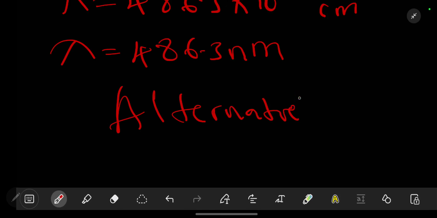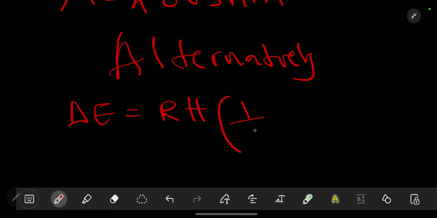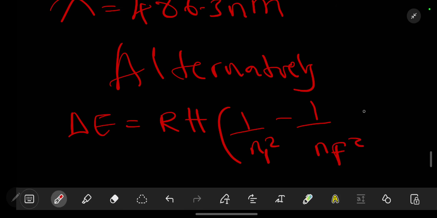Let's try out the alternative. Alternatively, we are going to say the energy should be equal to the Rydberg's constant. Here you begin with the initial, 1 over n initial squared minus 1 over n final squared. If you want, you can just add a negative and begin with the final.